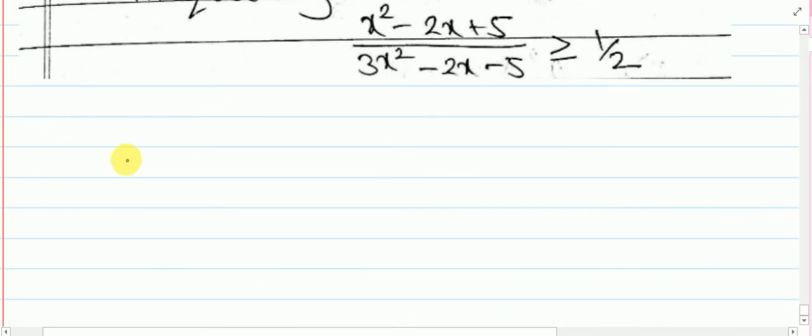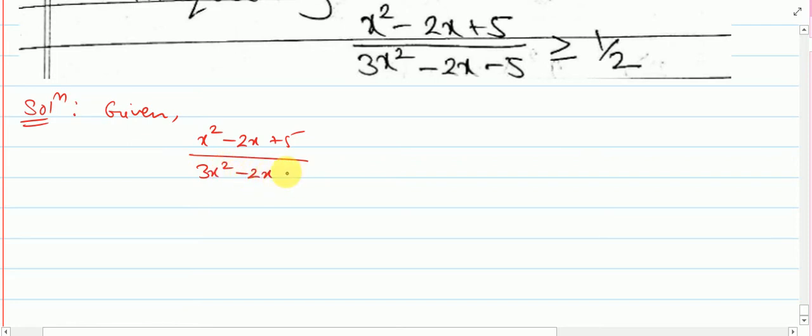So see this solution given: x square minus 2x plus 5 divided by 3x square minus 2x minus 5 greater than equal to half.